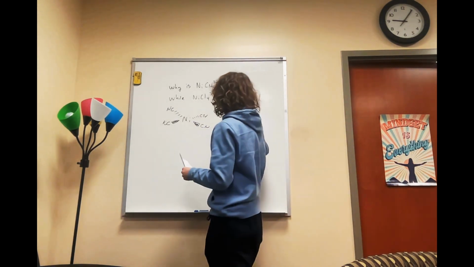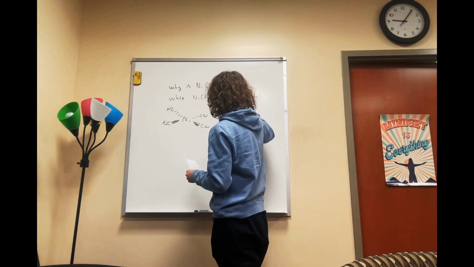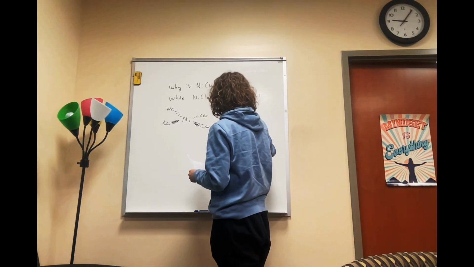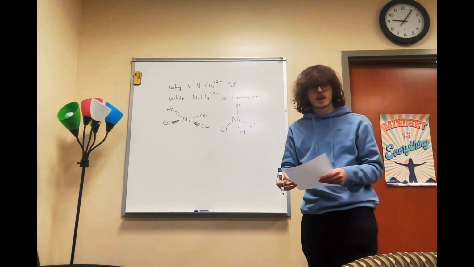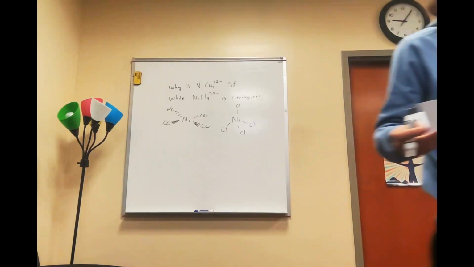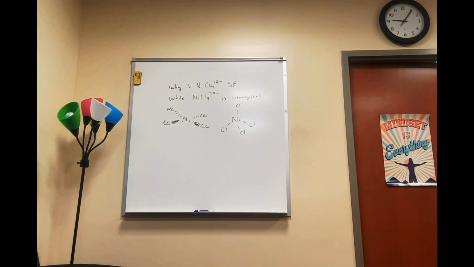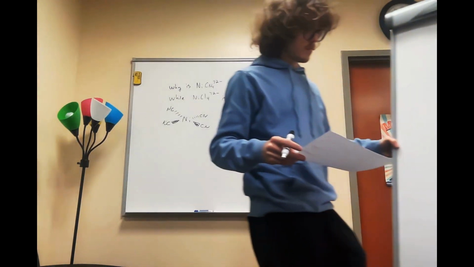However, when we deal with nickel tetrachloride, it looks like that. Now let me go grab another whiteboard because I want to write some notes down. Bring in my other whiteboard here.